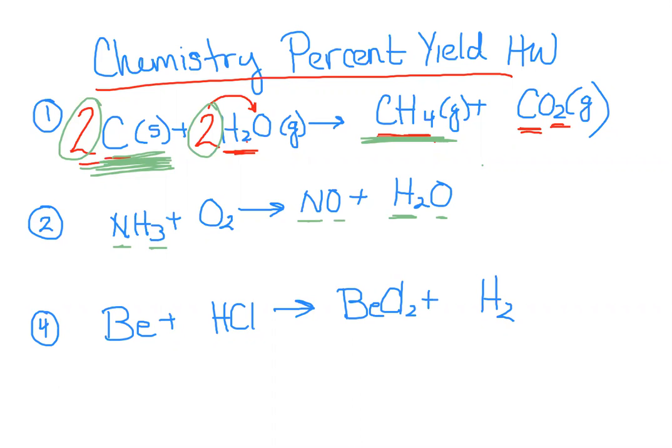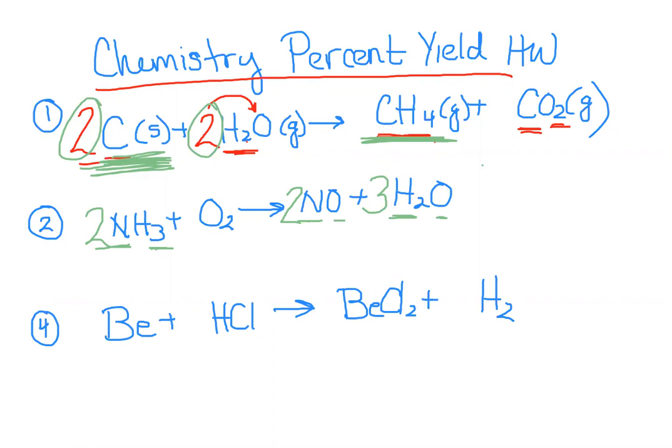Well, when I have a 3 and a 2, I usually go ahead and put a 3 here and a 2 there. Now we have 6 hydrogens, and that gave us 2 nitrogens. So we would have to put a 2 here to get 2 nitrogens. But what in the world did that do to our oxygens?